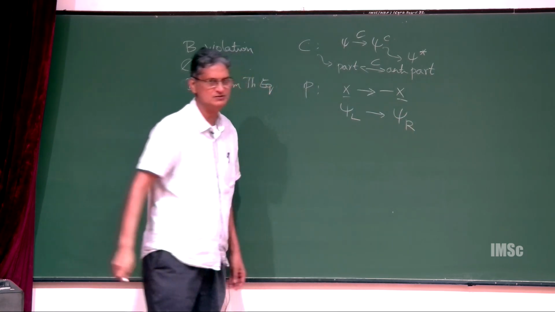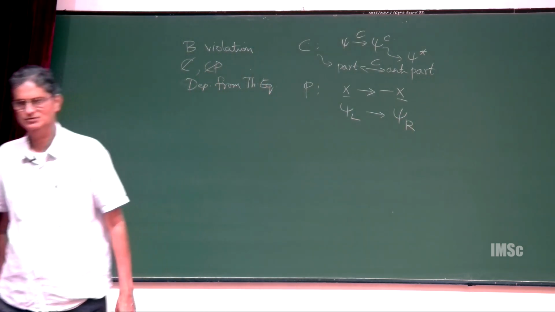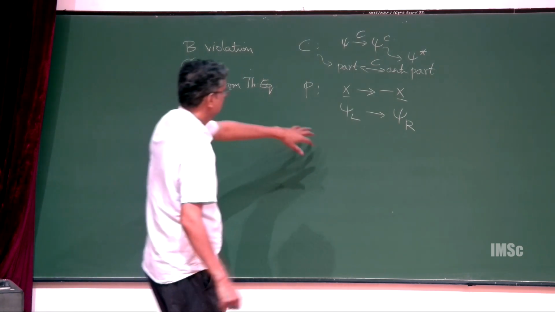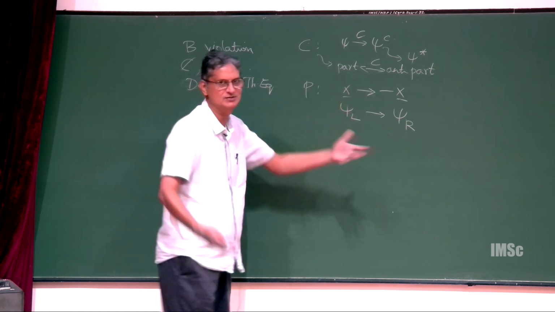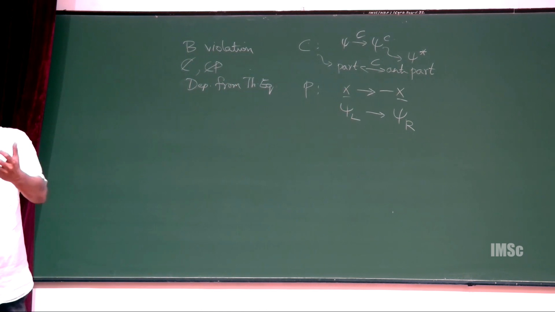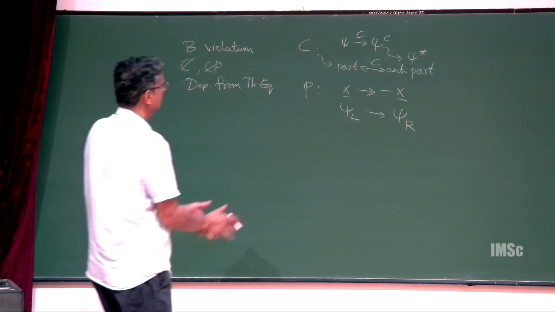It interchanges left and right fermions. You can convince yourself that if x goes to minus x, then this is what happens to a particle with spin. But this is actually the definition of the parity transformation: x goes to minus x.